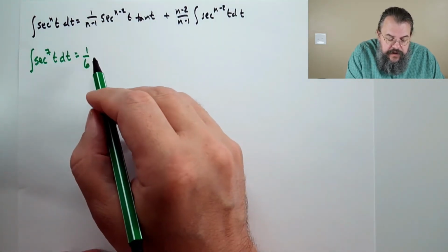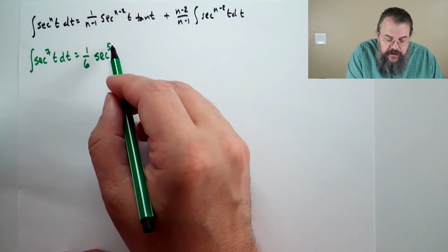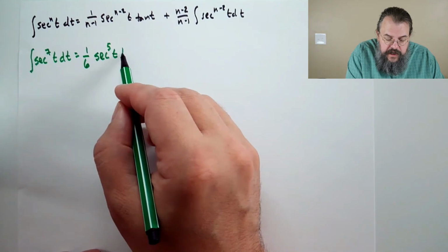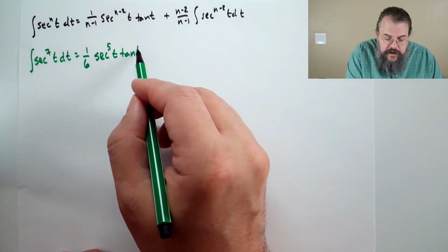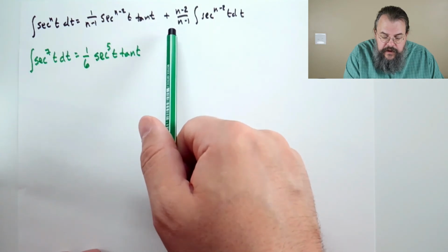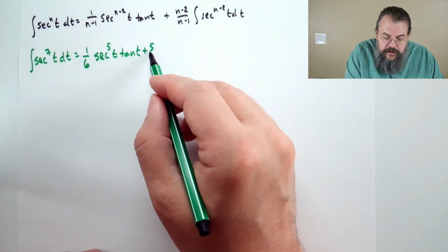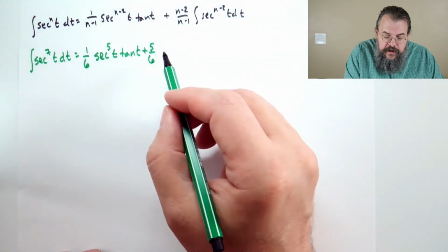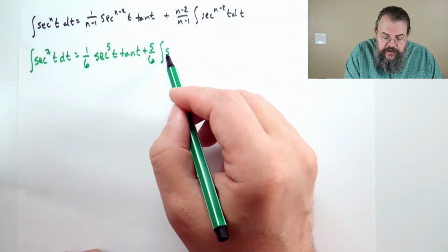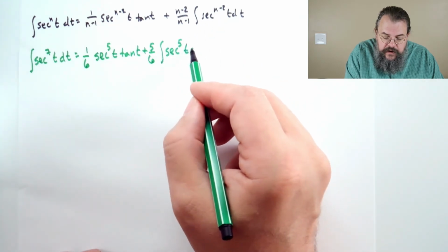So that'll give us secant to the 5th t tangent t. Then we're going to have 7 minus 2, 5. 7 minus 1 is 6. So plus 5 over 6 times the integral of secant to the 5th, n minus 2.